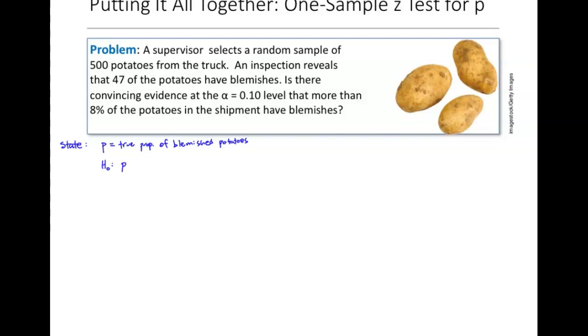So we'll assume it's exactly 0.08. That's our threshold for sending the truck back. But we're looking for evidence of what? What's our alternative? Yeah. We're looking for evidence that P is greater than 0.08. Remember, your null is always an equation. Your alternative is the same thing on the right and left-hand side, but it's going to be an inequality.